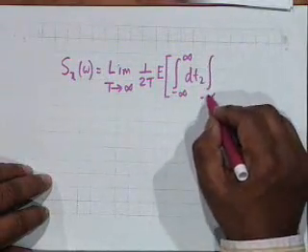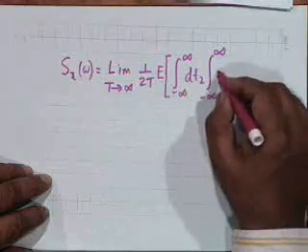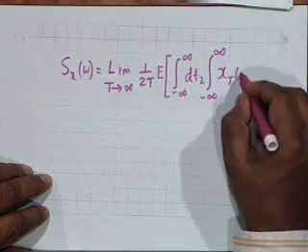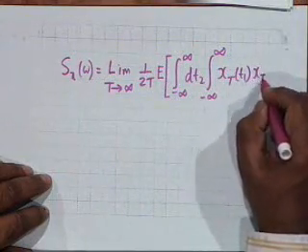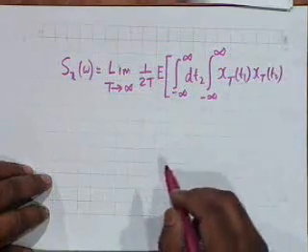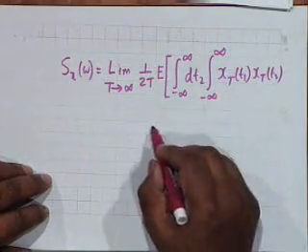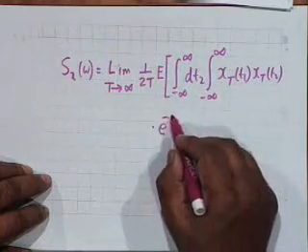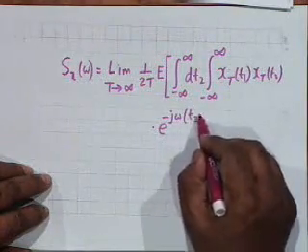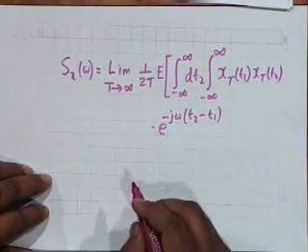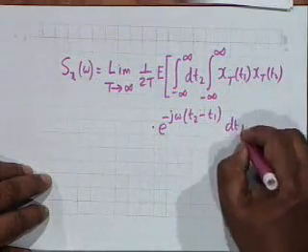Then integral minus infinity to infinity, what we get is x t t1 multiplied by x t t2, alright, then e to the power minus j omega t2 minus t1, then dt1.